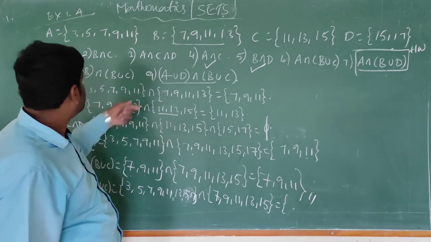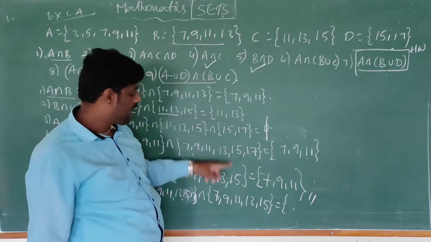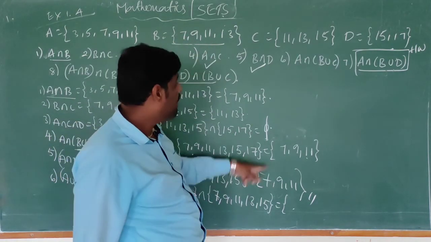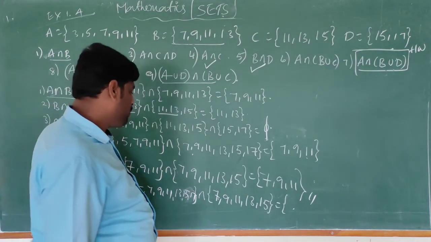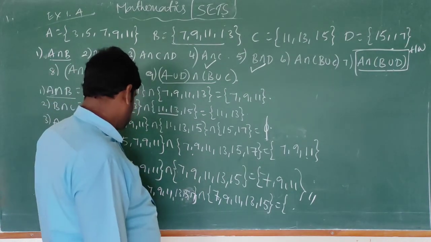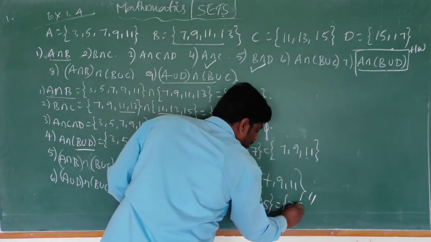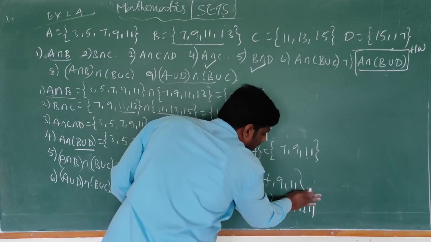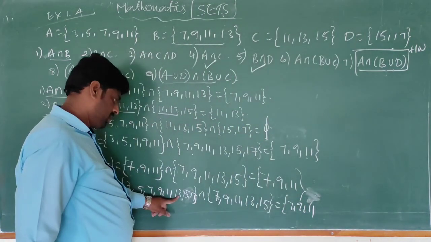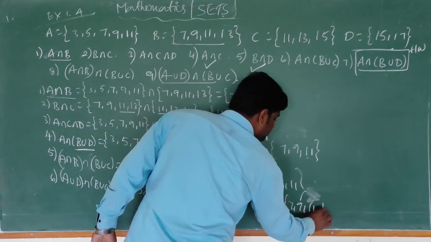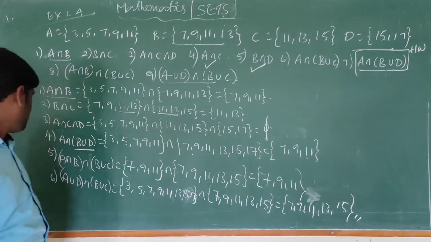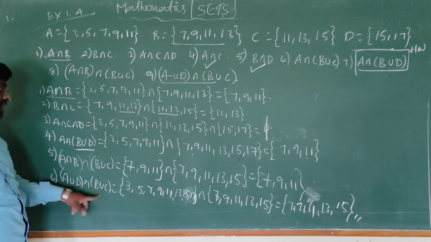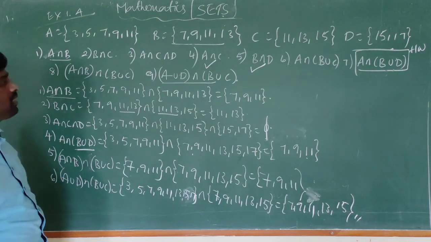B union C is 7, 9, 11, 13, 15. Now in these 2 sets we should pick the common elements: 7, 9, 11, 15. So this is A union D intersection B union C.